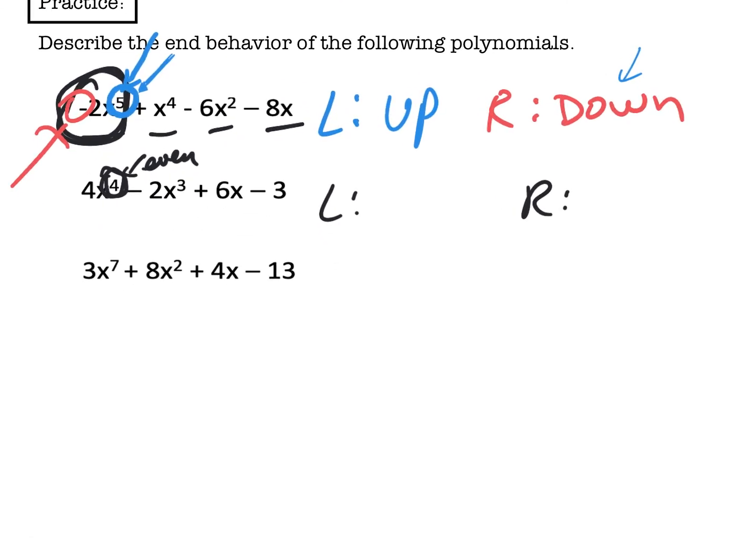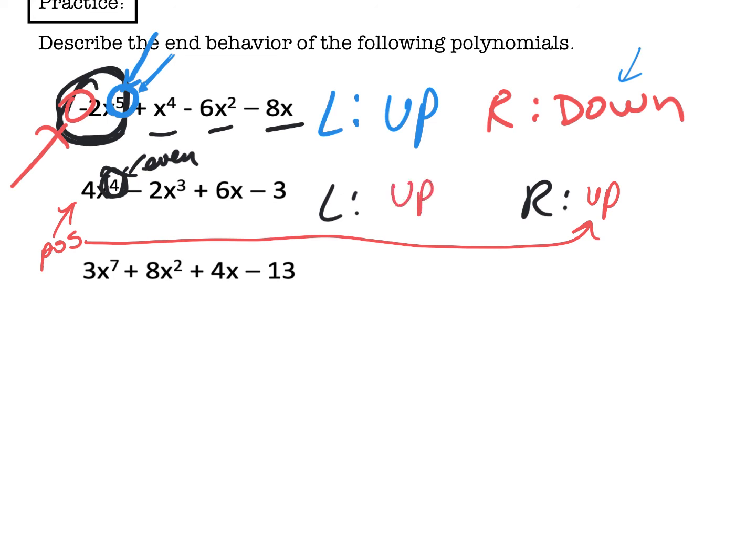How do you know they're both up? So because the leading coefficient was positive, it had to be up. And then the other side had to be up because this was an even power. Does that make sense?